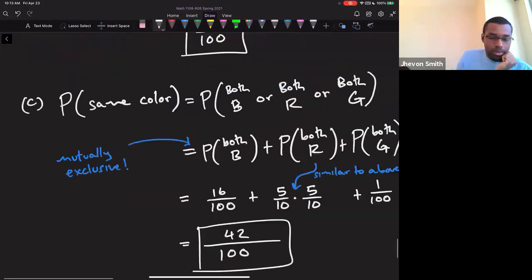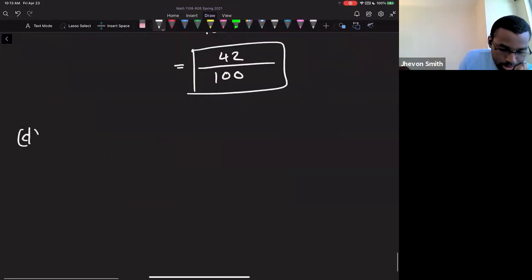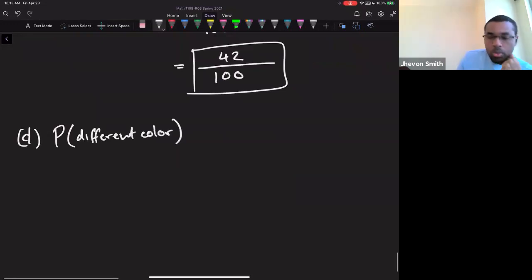Well, what's the probability that you'll get a different color? Well, getting a different color is just the opposite of getting the same color, isn't it?